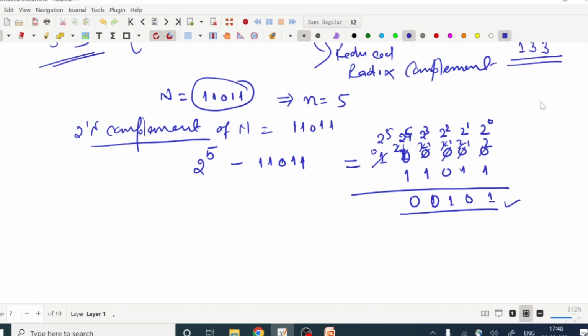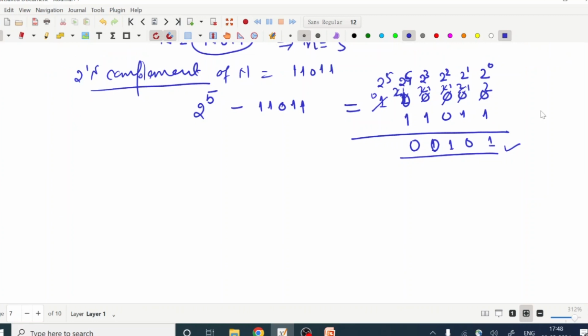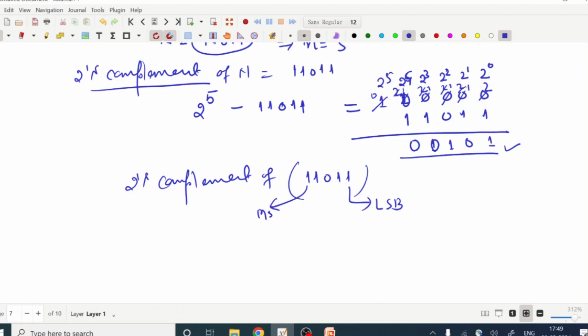Let us take, for computing the 2's complement, the number 11011. We start from the unit place of the binary number. In a binary number, this is known as the LSB, the least significant bit, and this is the MSB, the most significant bit.